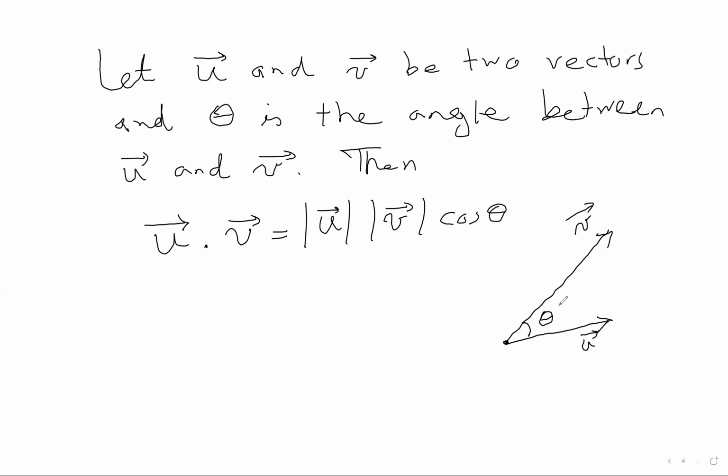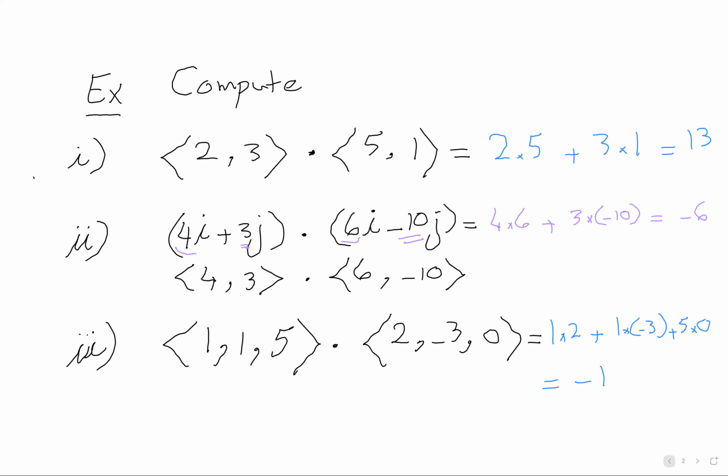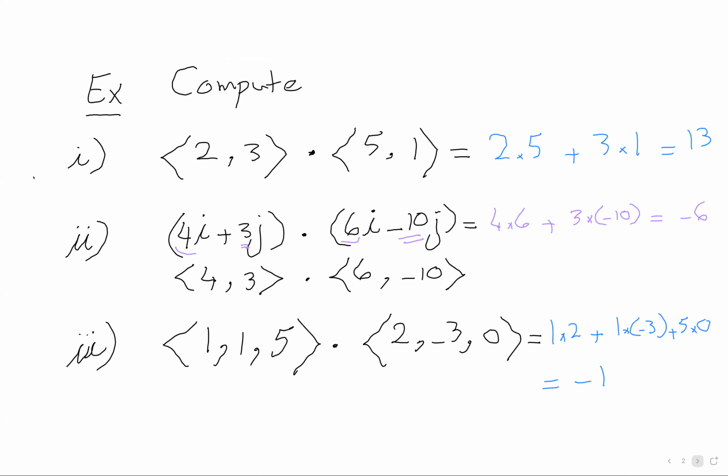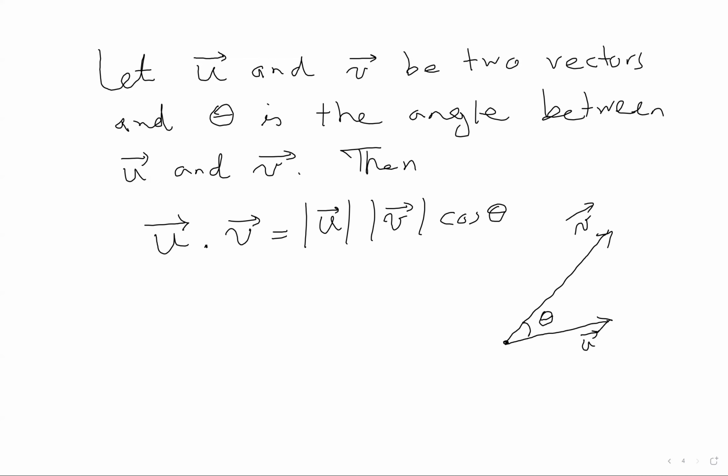In some texts, they take this as the definition of the dot product, the first one in R2, the second one in R3. Then this can be proved as a theorem, that the dot product can also be computed this way. In some other texts, they go the other way.